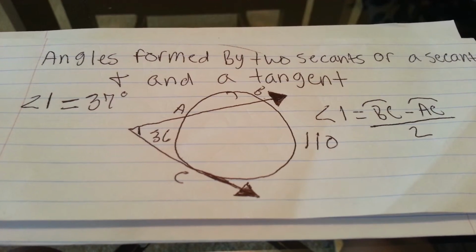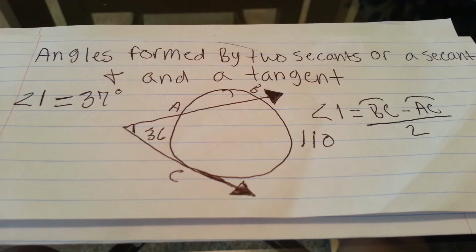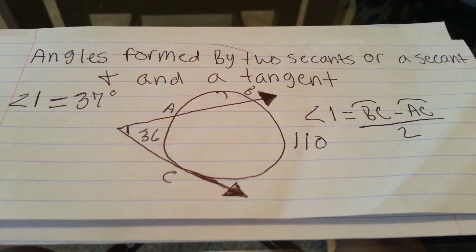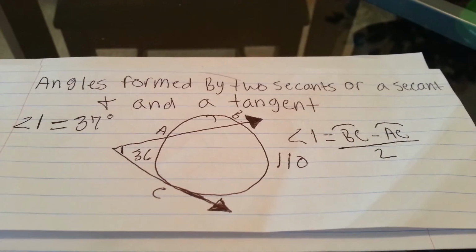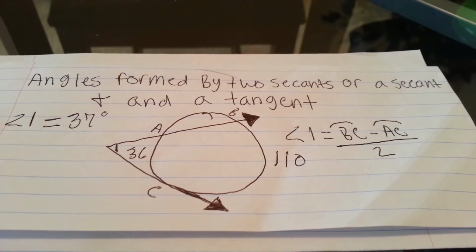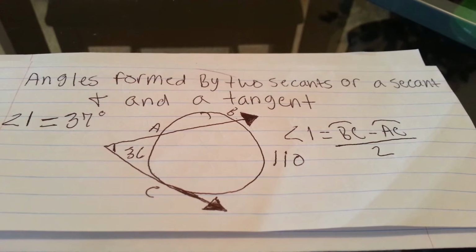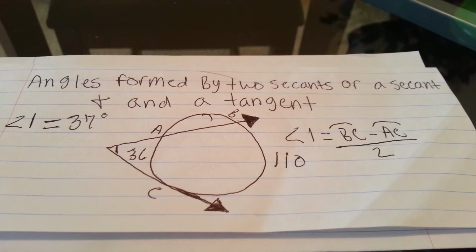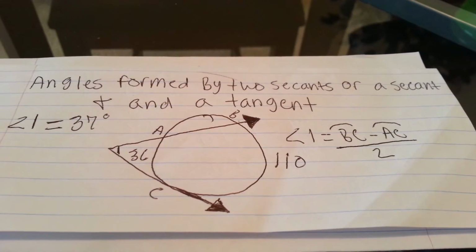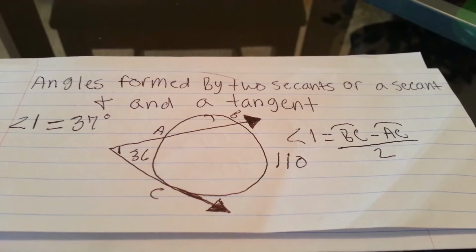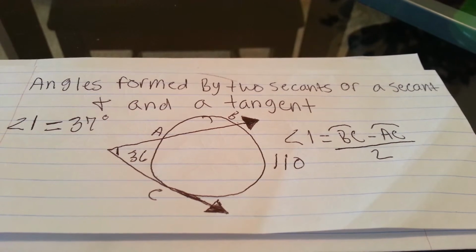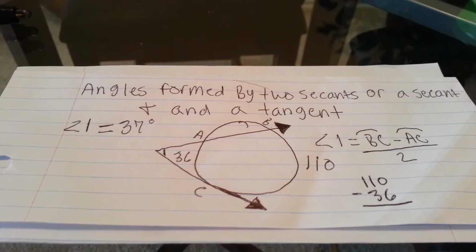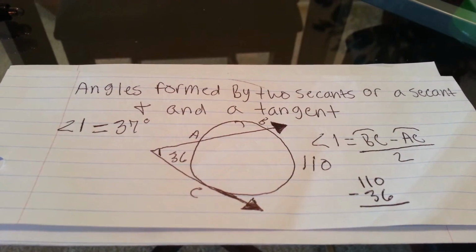And the second to last step we'll be learning about today is angles formed by 2 secants, or a secant and a tangent. So in this problem, we'll need to take the measure of arc BC, which is 110 degrees, and subtract that from arc AC, which is 36, and you will get 74.